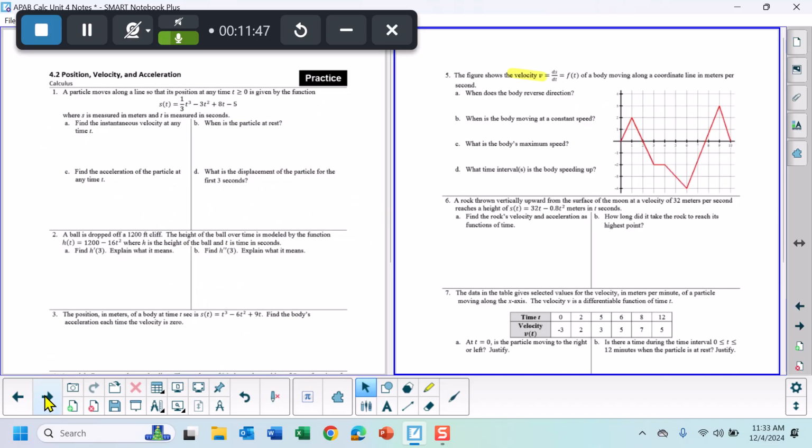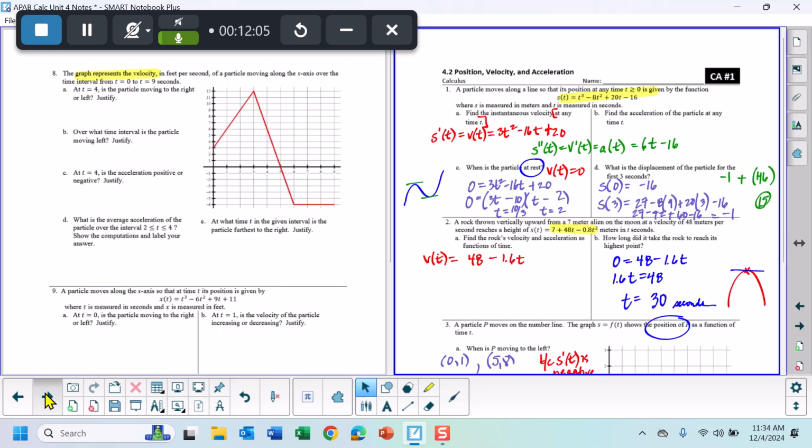So make sure that you've done this practice and checked your answers, that you pay careful attention to the graphs that you're reading, and that you're double checking whether or not you are doing things like displacement and velocity correctly.